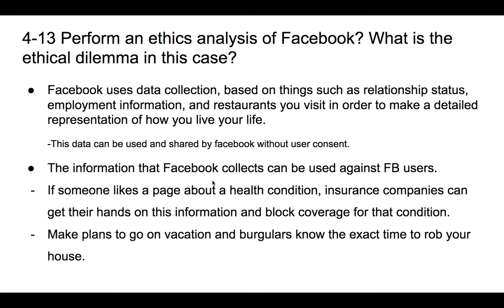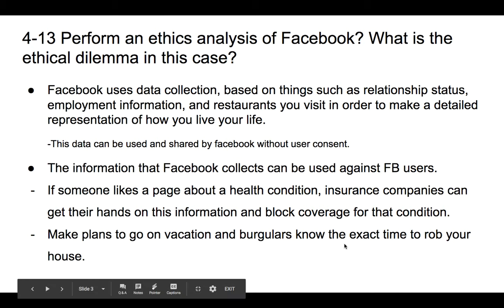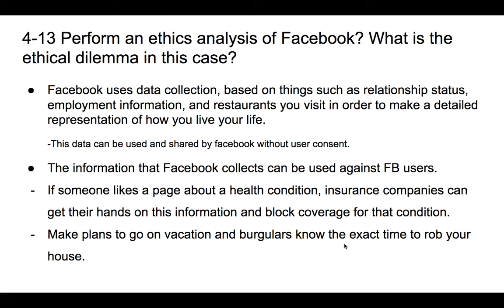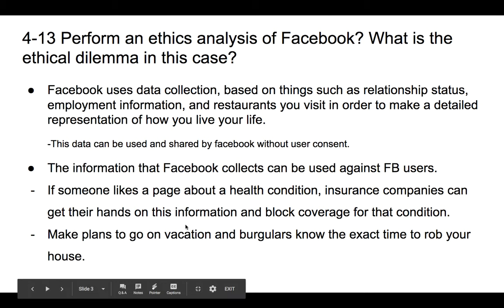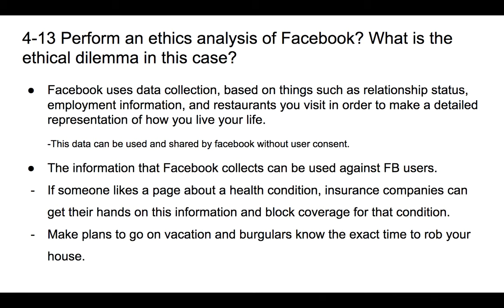For example, let's say someone likes a page about a health condition on Facebook. Insurance companies can get that data and use this information to block that coverage for that condition. Other ways it can be used against users is, let's say you make plans to go on vacation and someone knows exactly when and where to rob your house. These are not good things, and that's why people are demanding more privacy.